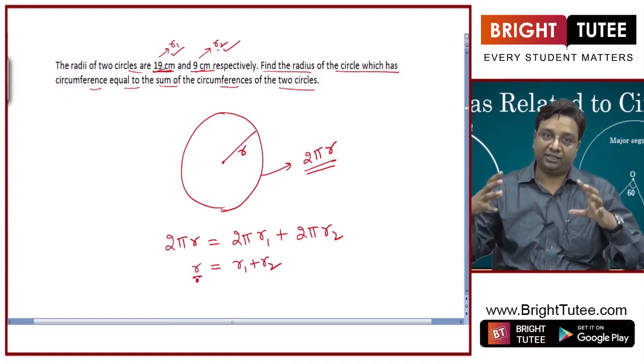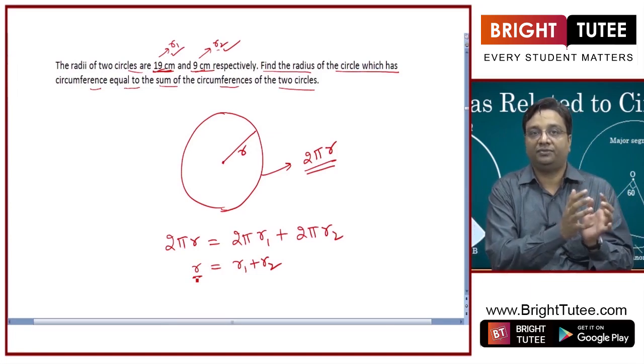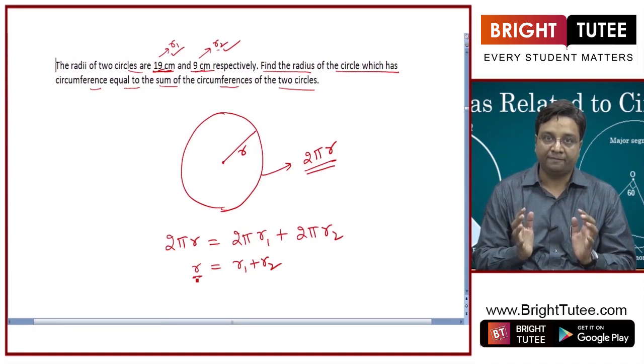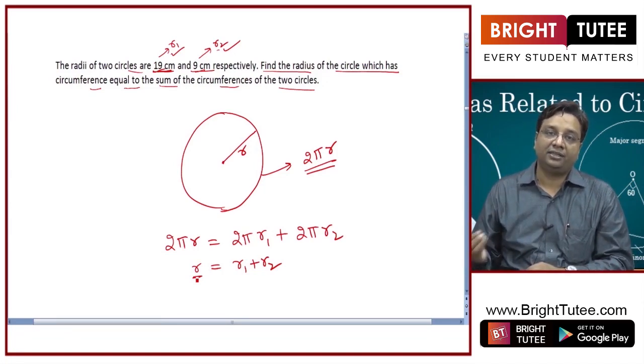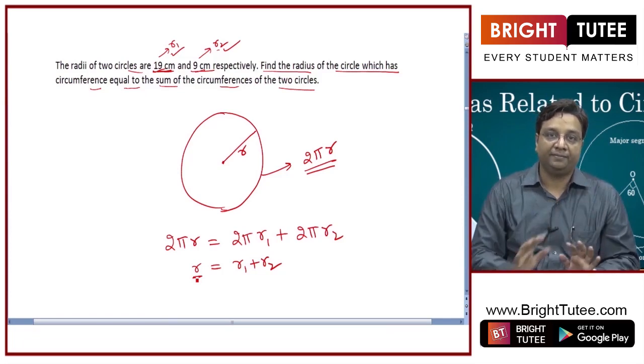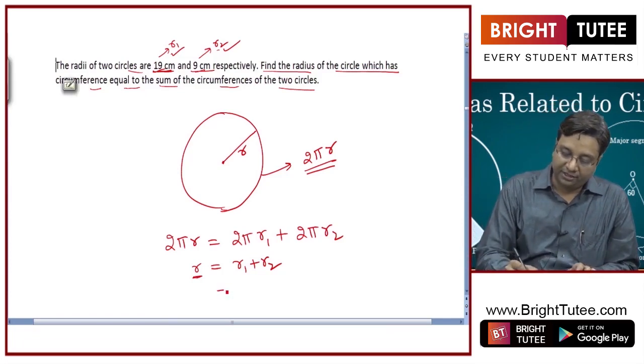We need a bigger circle with the circumference equal to the sum of circumferences of smaller circles, and we need to calculate its radius. Its radius will be nothing but the sum of the radii of the smaller circles. So this is my answer, 19 plus 9, which is equal to 28 centimeter.